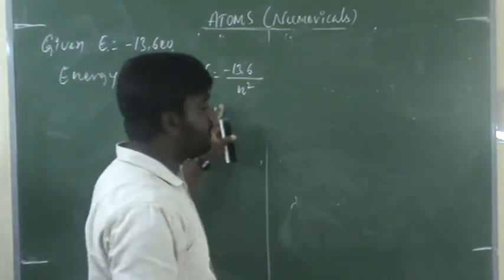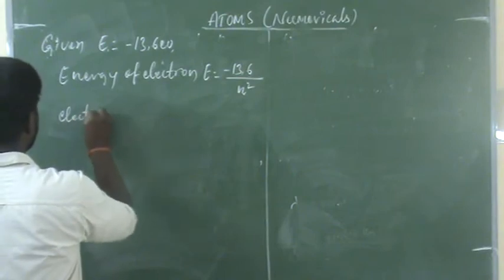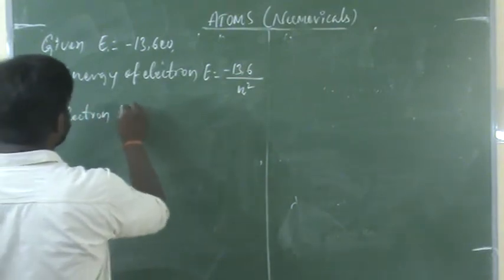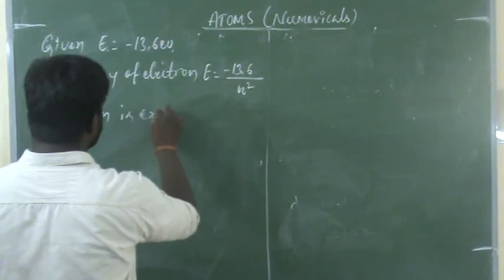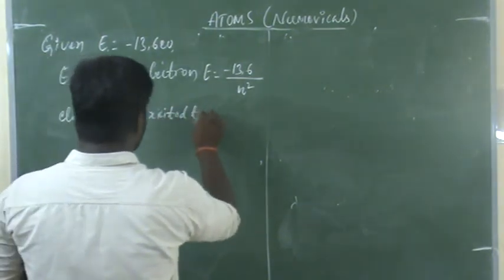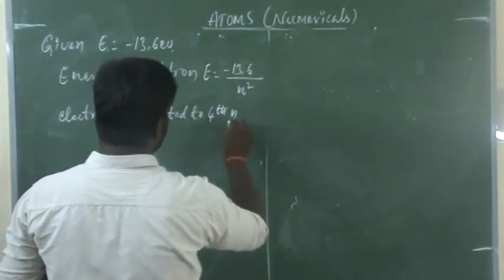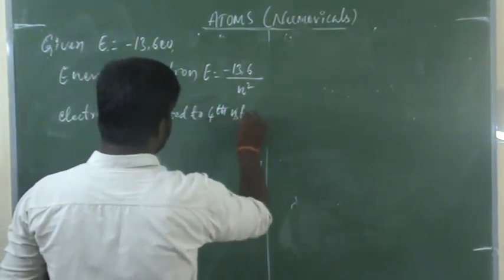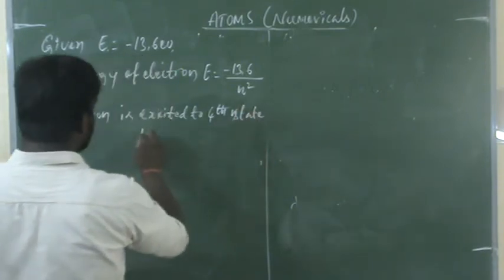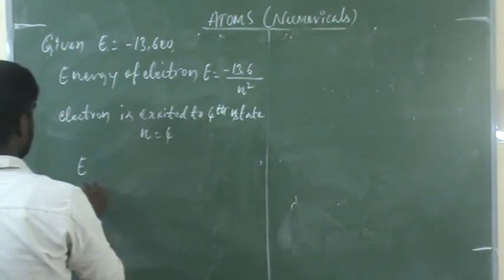This is the formula. Next, the electron is excited to the fourth state. So n equals 4. Substitute that value.